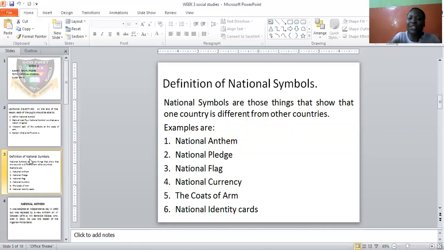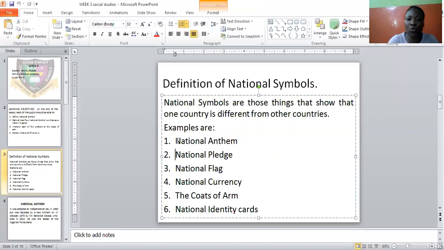And these national symbols are: 1, national anthem, 2, national pledge, 3, national flag, 4, national currency, the coat of arms, the national identity cards, and so forth. Let's take them one after the other.